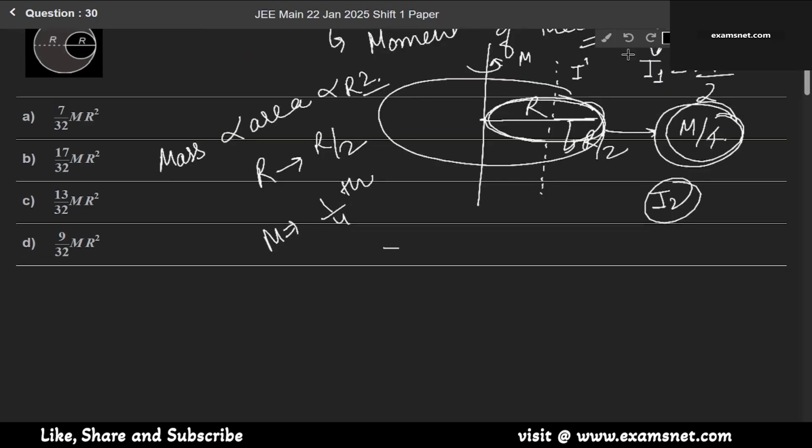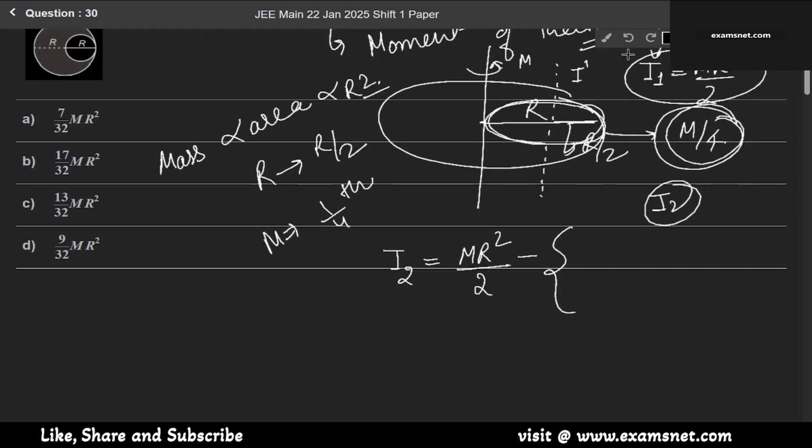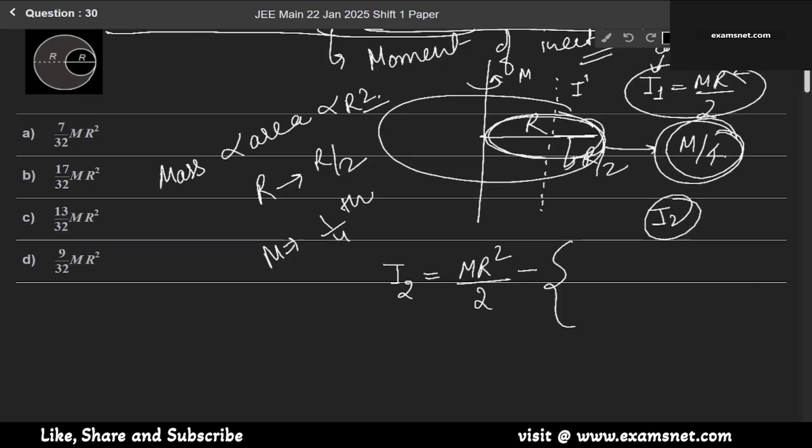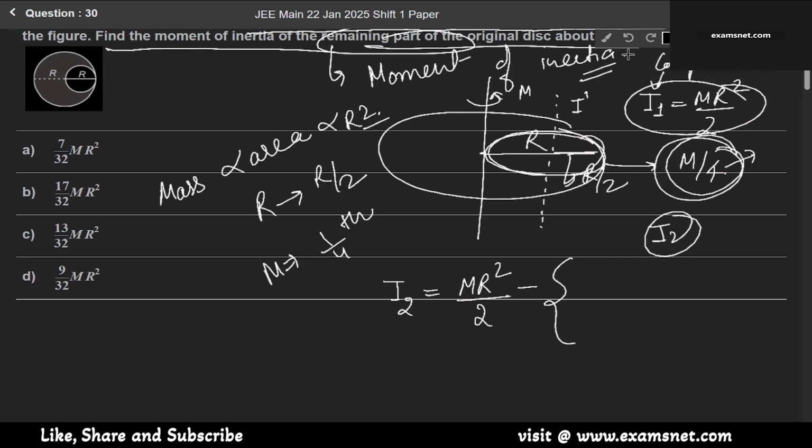So I2 will be equal to mr square by 2, the complete one I1, minus, now applying the parallel axis theorem, let this m by 4 mass be small m and this r by 2 radius be small r. So it will be mr square by 2 plus mr square.